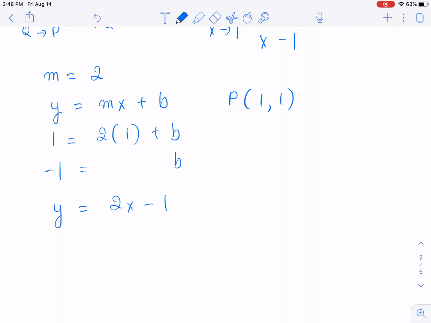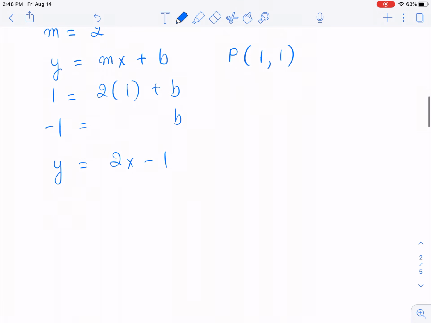All right, I just want to point out that if you make a table to find the limit, let's say we pick x, and this is the slope for PQ. If you pick x equals 0, the slope is going to be 1. If you pick x to be 0.5, the slope is going to be 1.5.